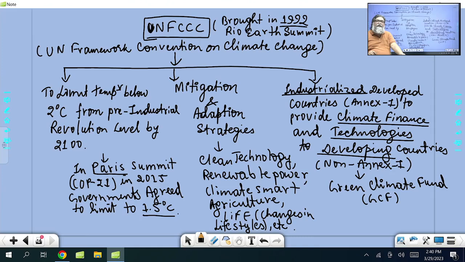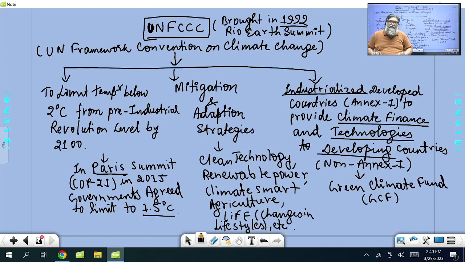Recently, COP27 was held in Sharm el-Sheikh, Egypt. If you talk about current affairs, recently in Egypt there was the COP27, Conference of Parties 27th. The climate change summit takes place every year, and this year, 2023, it will be in Saudi Arabia. Saudi Arabia is the host of COP28, the Conference of Parties 28th summit.